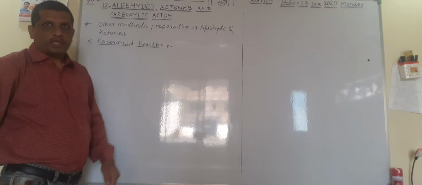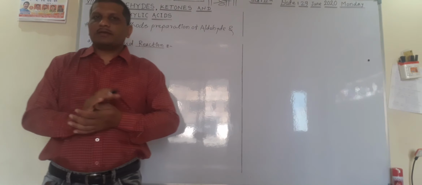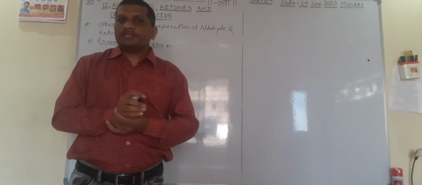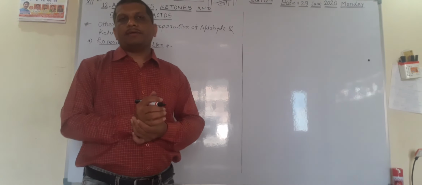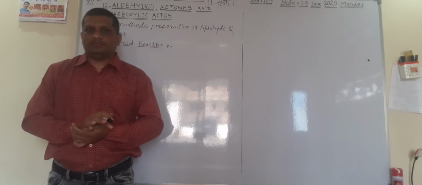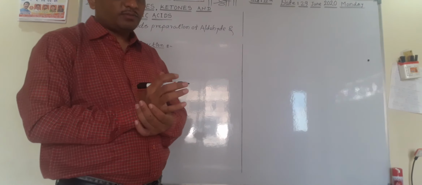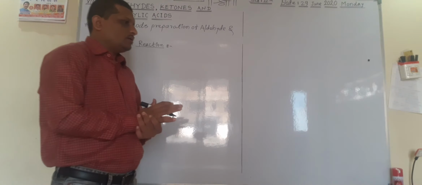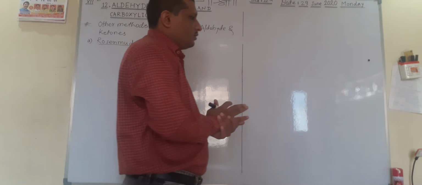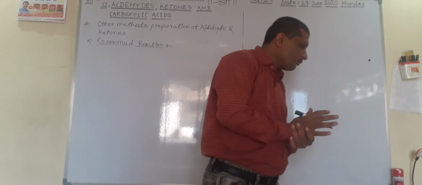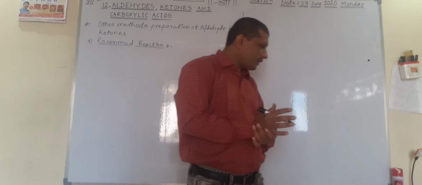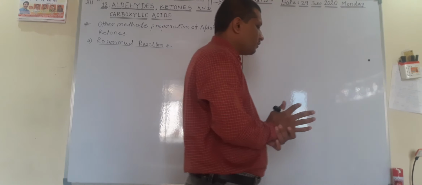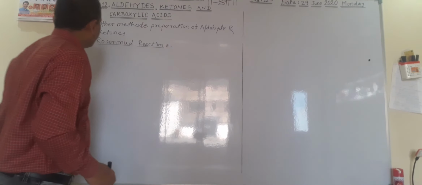Rosenmund reaction. In this reaction, acyl chloride reacts with palladium, barium sulfate to give the corresponding aldehyde and ketones. This reaction is known as the Rosenmund reaction.